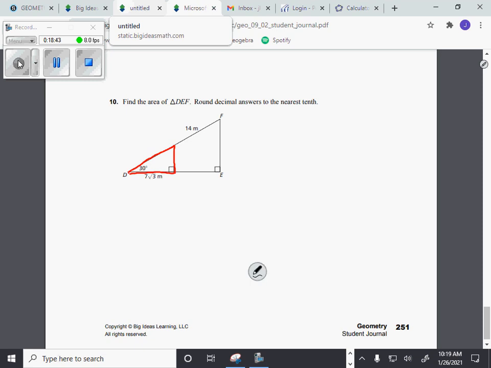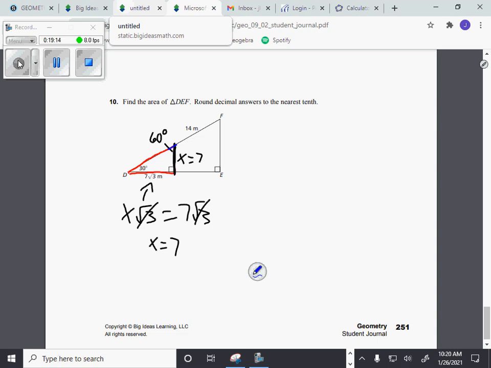This angle right here, that's 60 degrees, which means this side here is x. This side here, 7 square root of 3, is x square root of 3, and that is equal to 7 square root of 3. Cross out my square roots of 3, I get x is equal to 7. So right here, x is equal to 7.